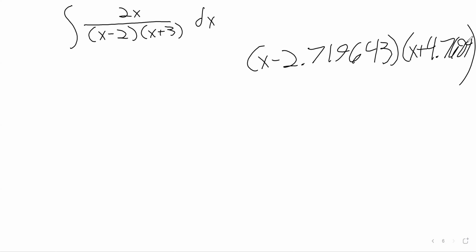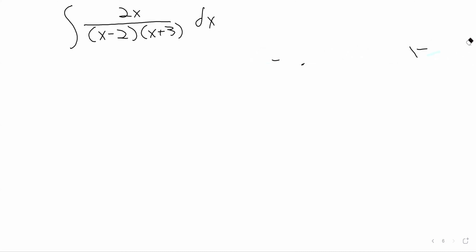The computer will work up to 8 digits or 16 digits or whatever the current standard is. So this requirement that we be able to factor the denominator isn't a huge deal a lot of the time.